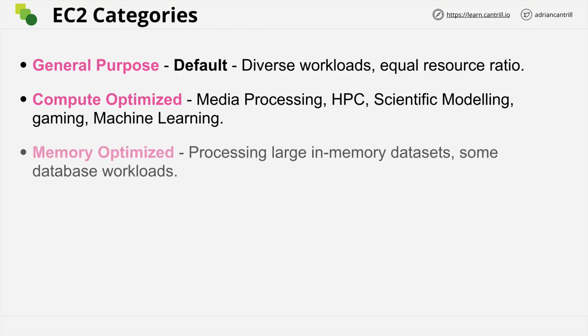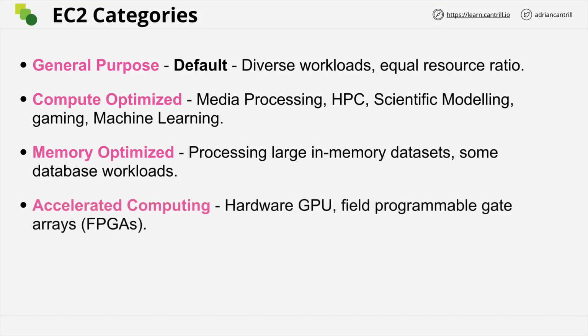The memory optimized category is logically the inverse of this, so offering large memory allocations for a given dollar or CPU amount, and this category is ideal for applications which need to work with large in-memory datasets, maybe in-memory caching or some other specific types of database workloads. The accelerated computing category is where these additional capabilities come into play, such as dedicated GPUs for high-scale parallel processing and modeling, or the custom programmable hardware such as FPGAs.